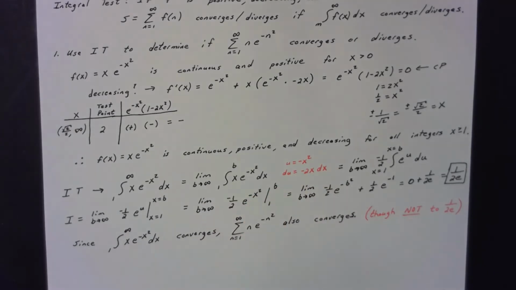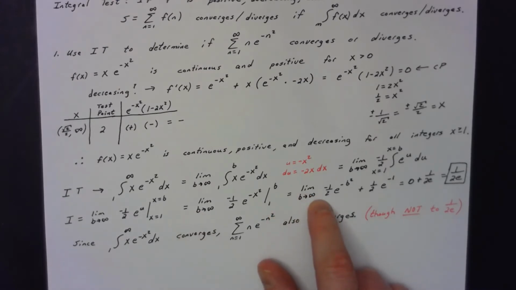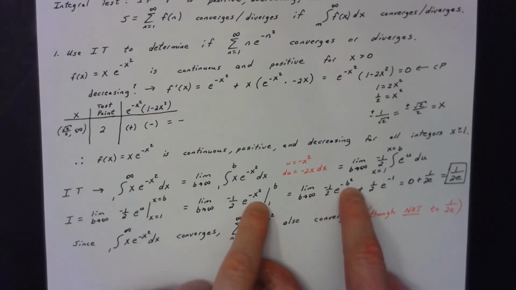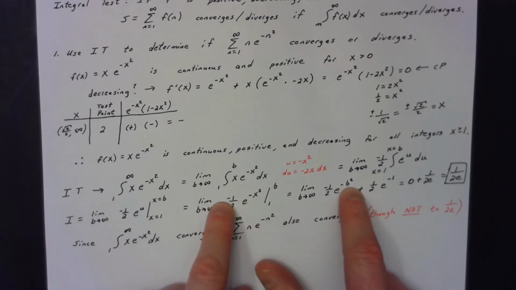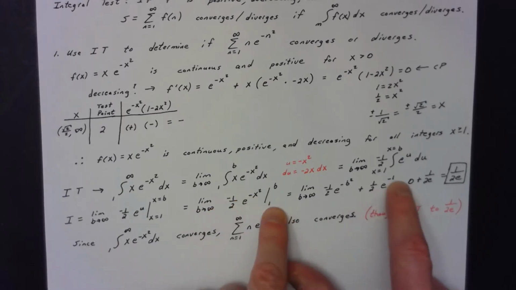And then notice, whenever we're evaluating this, your upper limit is going to be the limit as b approaches infinity of negative 1 over 2 e to the negative b squared power. From that, you need to subtract the lower limit, but minus a negative 1/2 became plus 1/2, and then I had e raised to the negative 1 power.